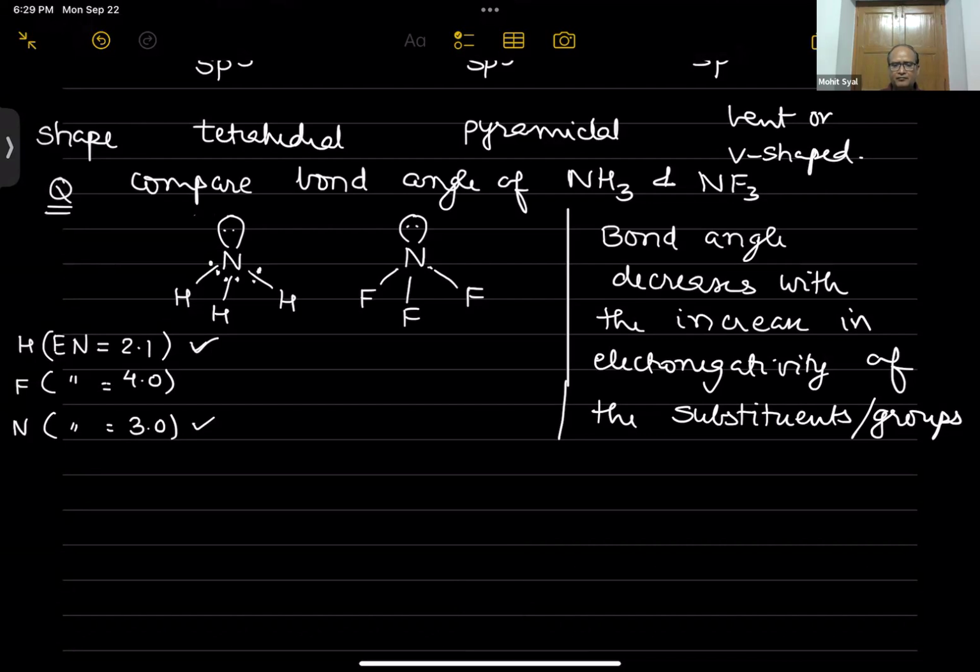Why am I putting these dots? These dots represent the bonded electron pair between the nitrogen and the hydrogen, and they are shifted more towards the nitrogen. Why is it so?